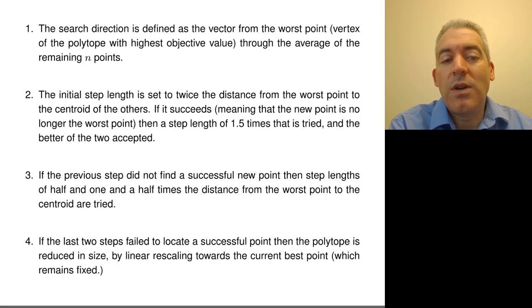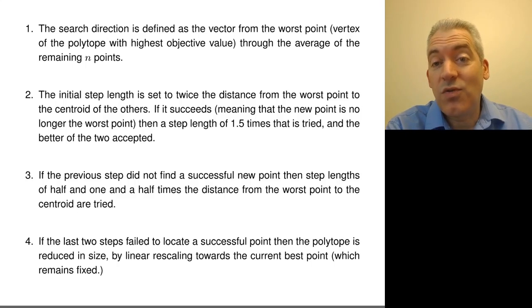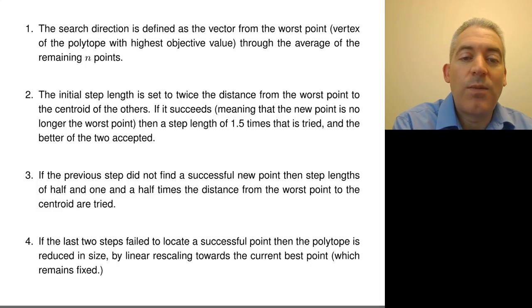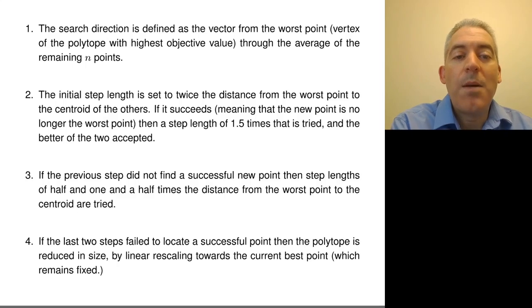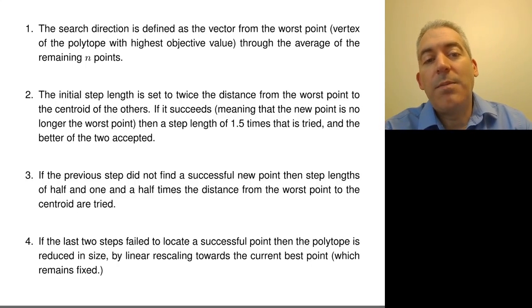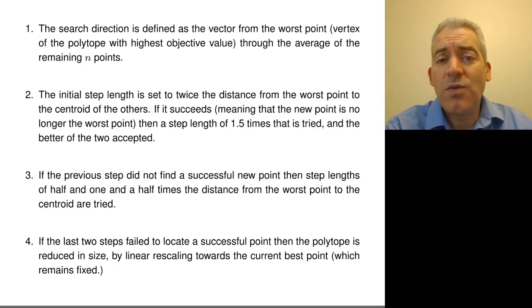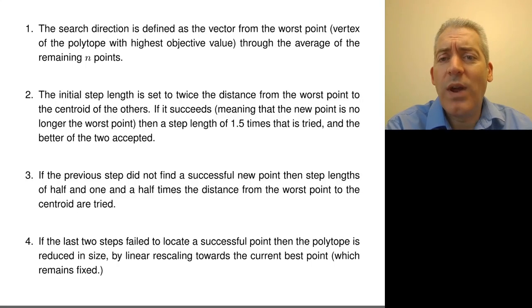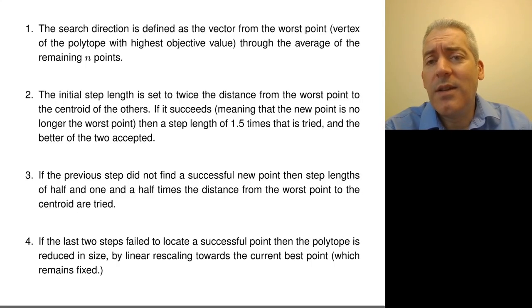Shrinking the polytope isn't, because you've now got to reevaluate your function at each one of those points, so that one's a little bit more expensive. But they're cheap operations, there are no derivatives involved, and the idea is you're just wandering in a semi-intelligent way downhill along your function.